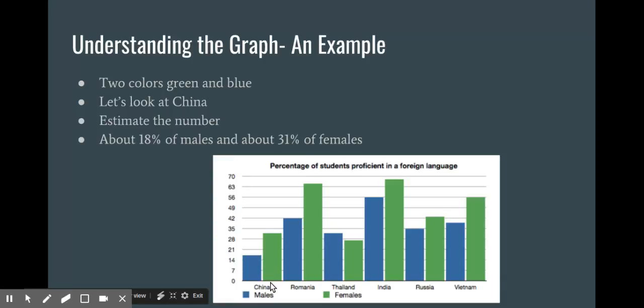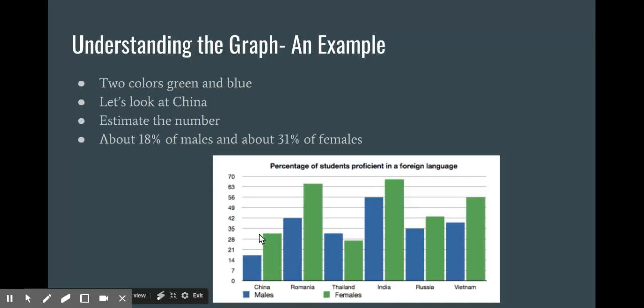So that's the second bar. So again, I'm going to take my finger, or my mouse, and put it at the very bottom of the second bar, the bottom of the green bar over China. We're at 0. And we're just going to go up until the bar ends. Move your finger, or the mouse, up until the bar ends, until there's no more green.